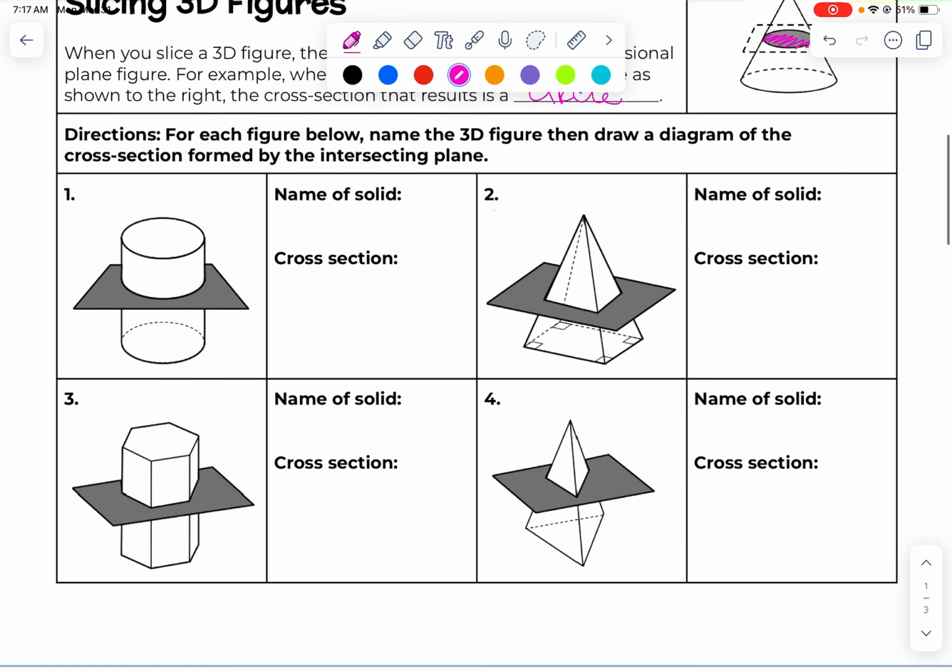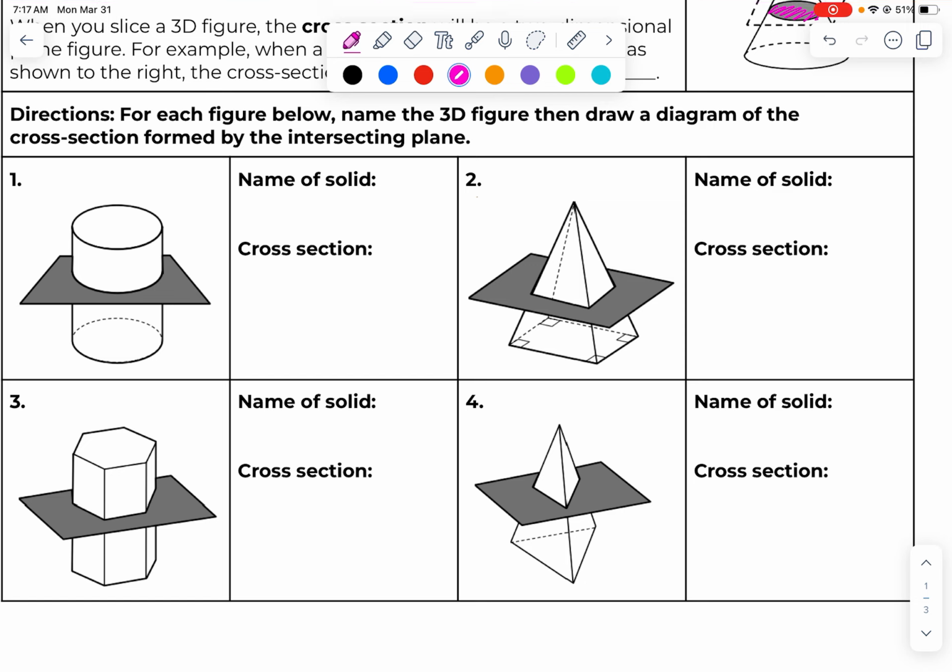Alright, so let's start with number 1. It says for each figure, name it, then draw a diagram of the cross-section formed by the intersecting plane. The intersecting plane is the shaded one on all of the figures. Okay, so number 1 is a cylinder.